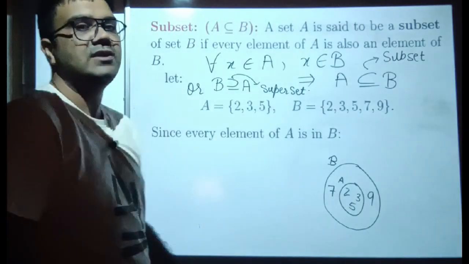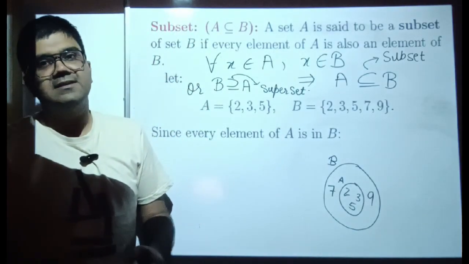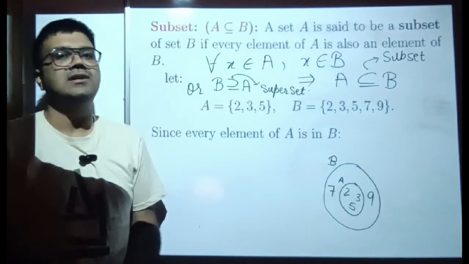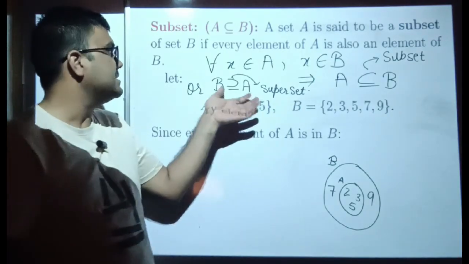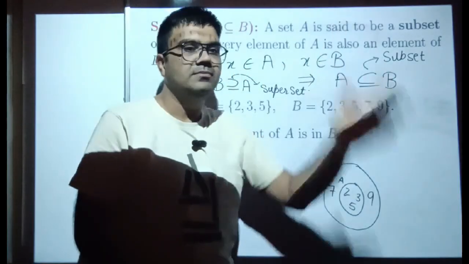You can use either of these two. Either you say A is a subset of B, or you say B is a superset of A. The meaning is that for all elements x belongs to A, x belongs to B.